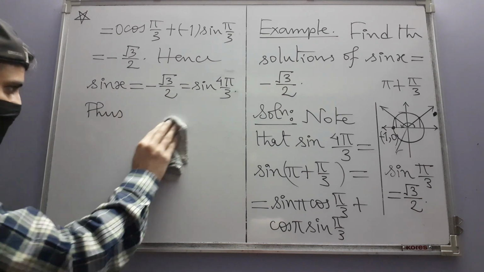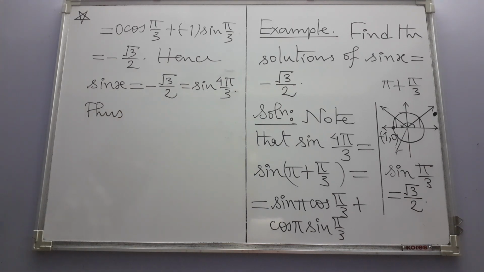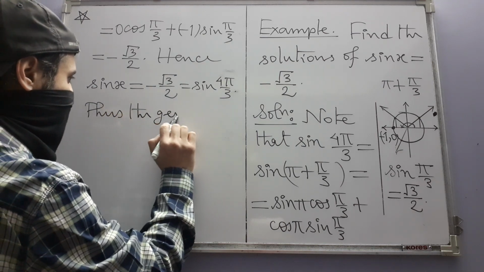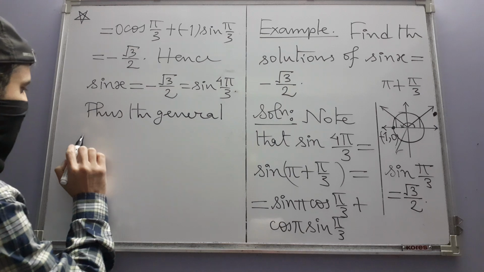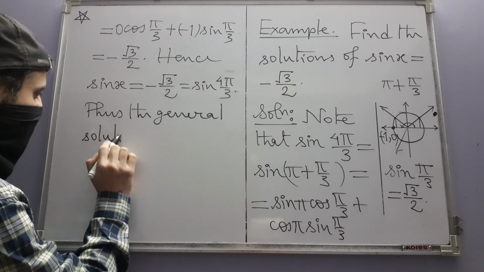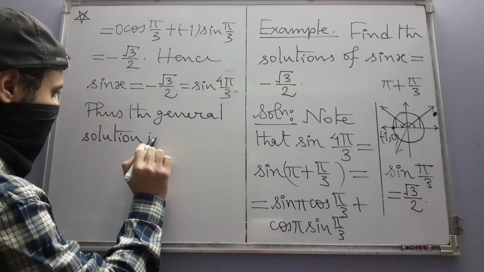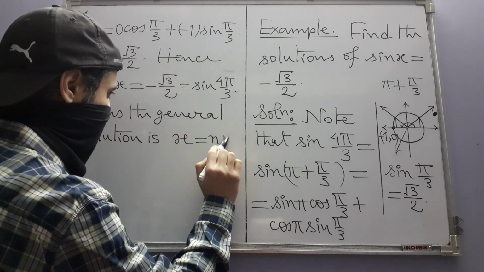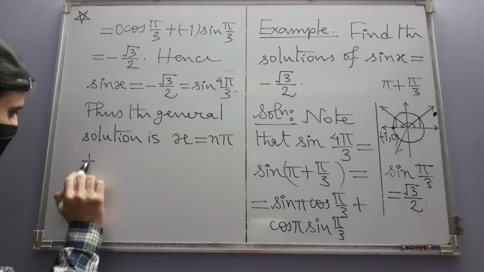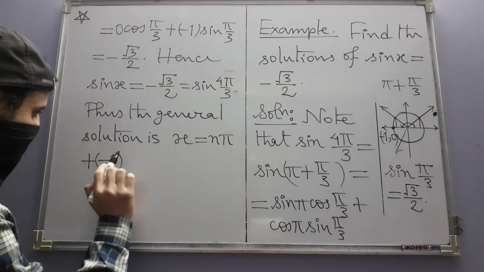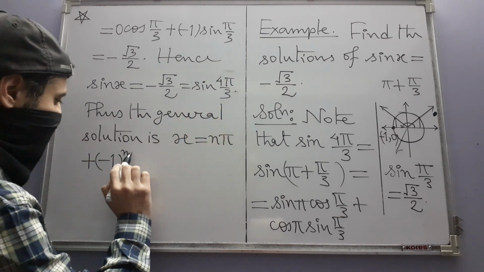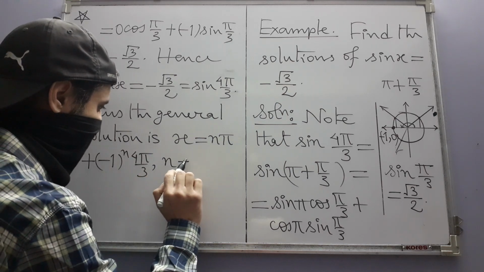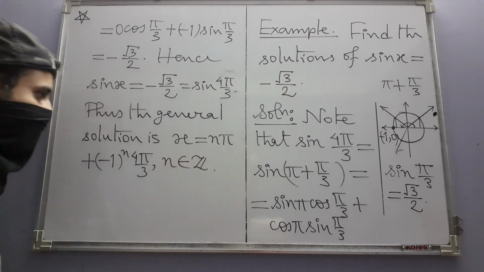Thus the general solution is x equal to n pi plus -1 to the power n times that angle, where n is any integer.